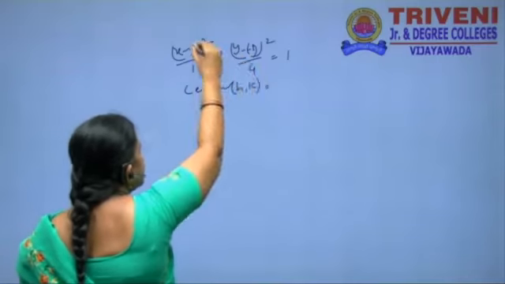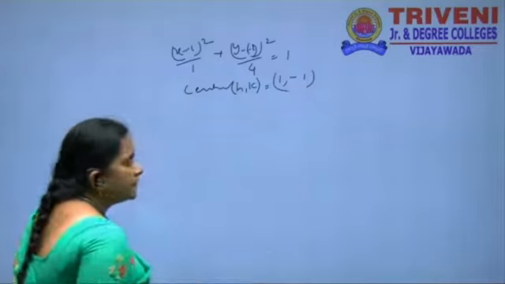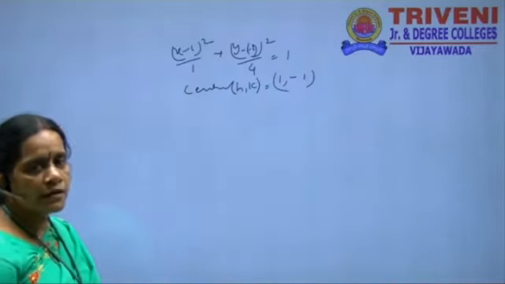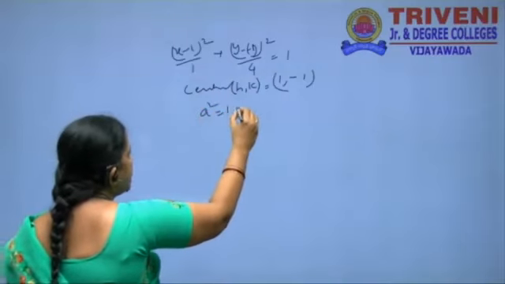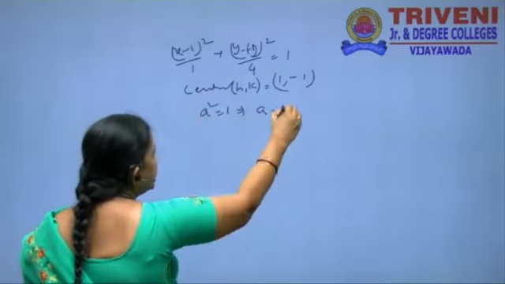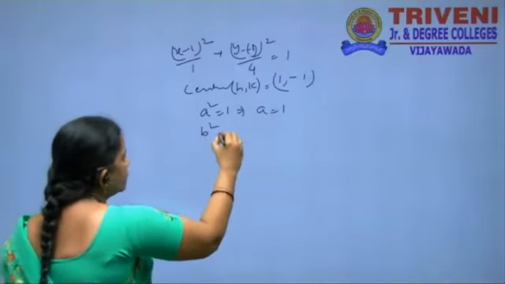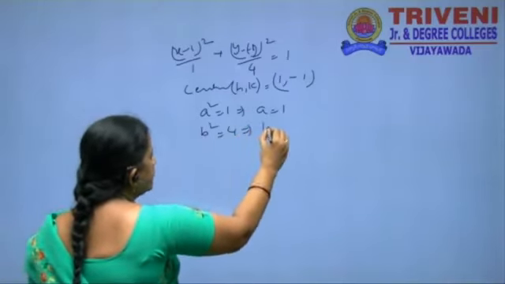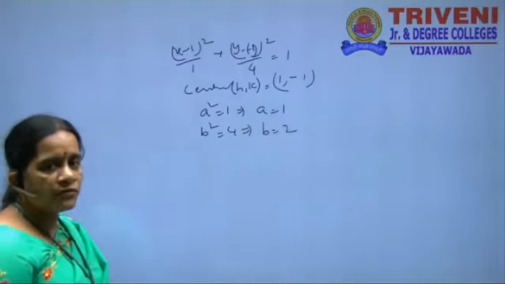What is the value of h here? 1, and k is minus 1. Center is 1 comma minus 1, and similarly a square is equal to 1. Here the value of a is 1, and then b square is equal to 4. The value of b is here 2, and then we have to find the foci.